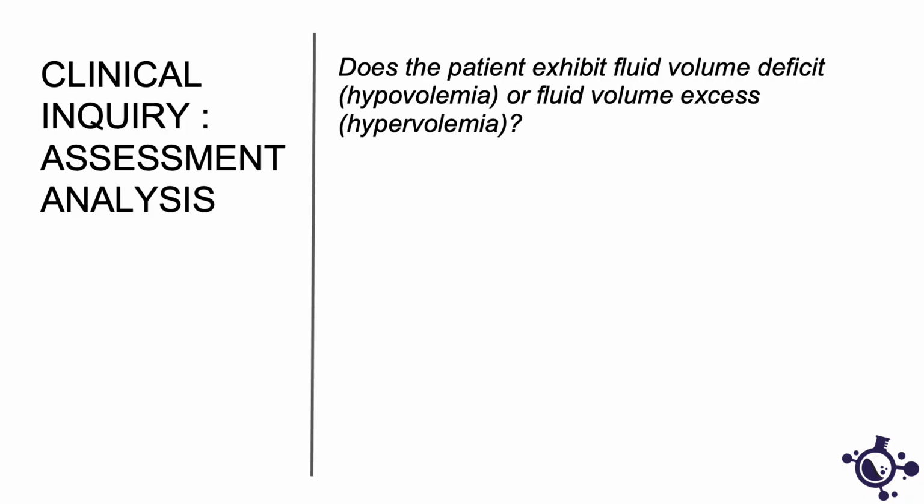Now, does Miss Gertrude exhibit fluid volume deficits, so hypovolemia or hypervolemia, based on her vital signs and physical exam? Yes, she does exhibit one of these, and it is fluid volume deficit.